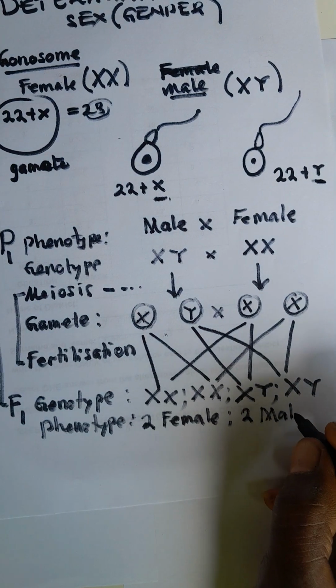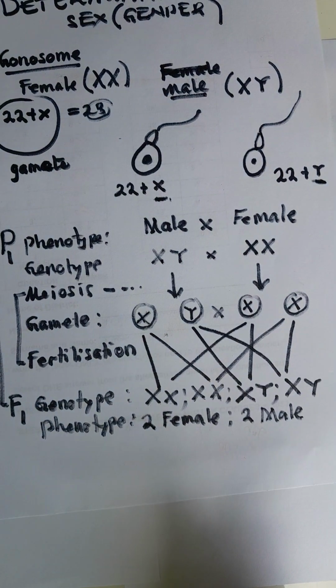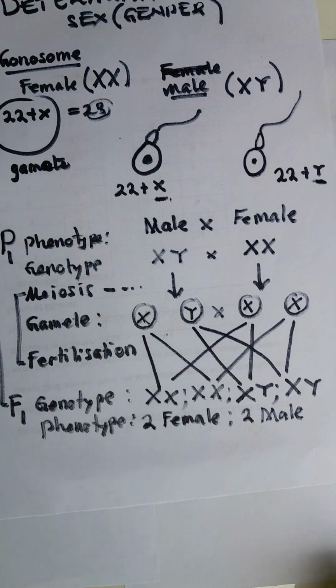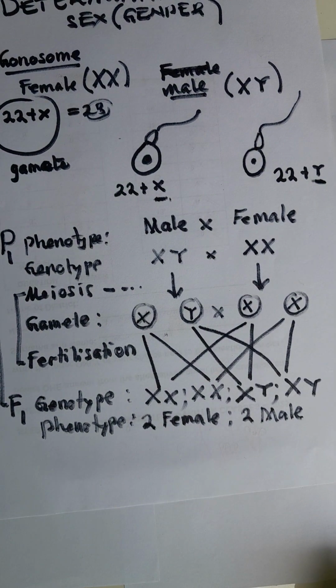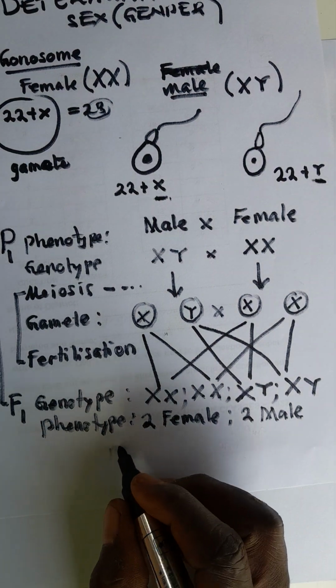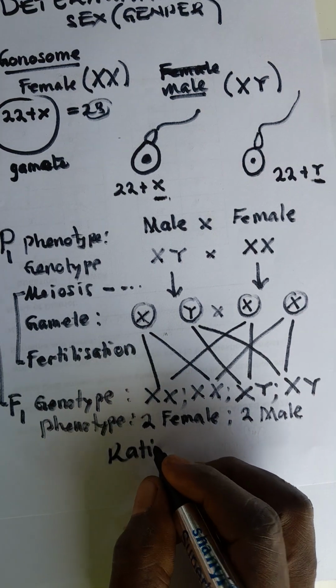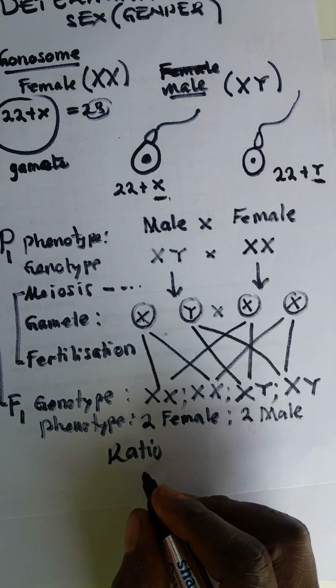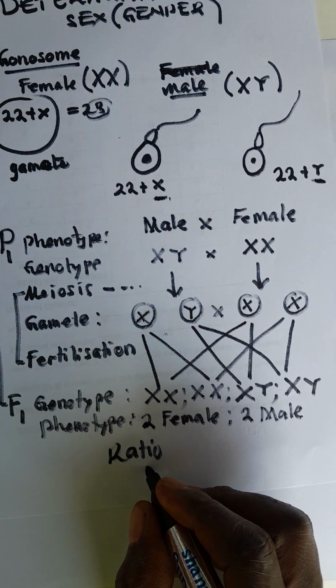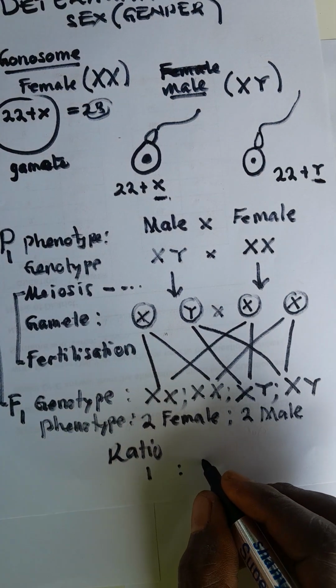You know that males are XY. So we have two males and two females, and if we determine the ratio in this case, it will be 2:2, which gives us 1:1.